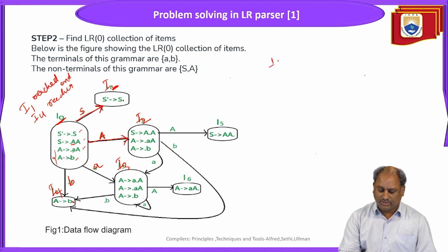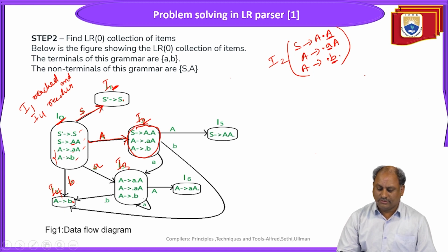So what is I2? I2 equals S derives A dot A, A derives small a dot A, A derives dot B. This is the I2 state. Now on this state we are going to perform capital A, small a, small b.